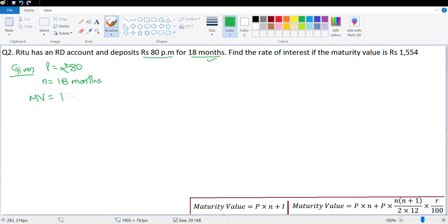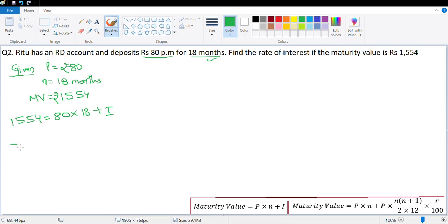We've done this kind of question in our previous exercise. First, we calculate the interest, and then using the interest formula, we calculate the rate. So 1554, which is my maturity value, is equal to principal, which is 80 into n, in this case 18, plus the interest.